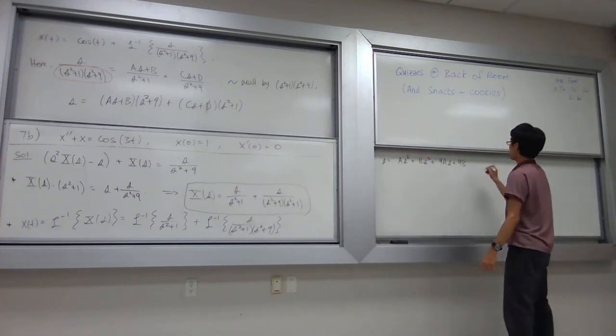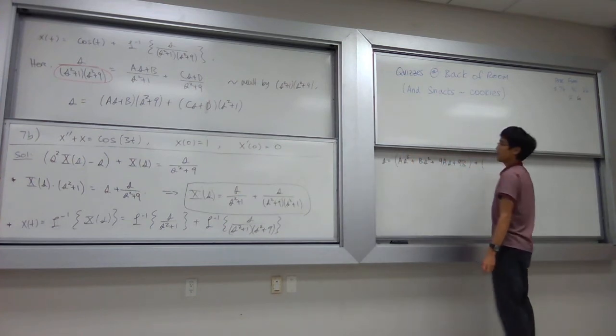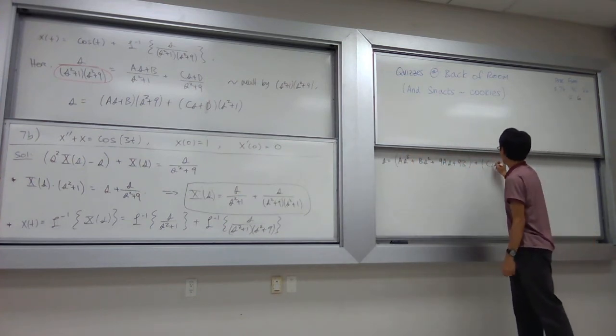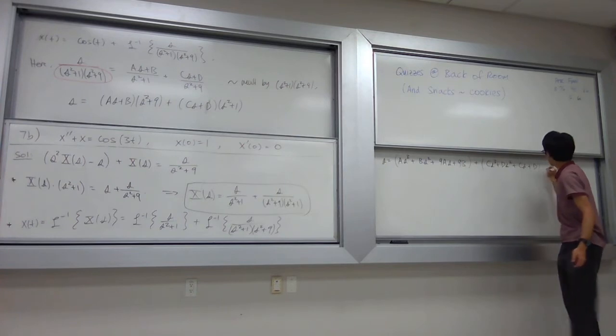And same thing with the other one. So that's just the first one. Plus cs cubed plus ds squared plus cs plus d. Right?